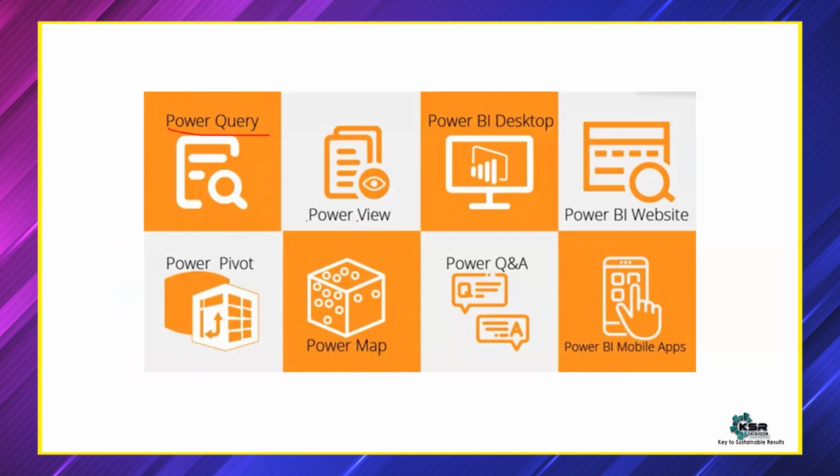Power Query is there, Power View is there. Now Power BI Desktop is a combination of all this. Power BI Website is there, Power Q&A is there, Power BI Mobile Apps is there, Power Pivot is there, and Power Map is there. 1, 2, 3, 4, 5. These 5 combinations club together to form a Power BI Desktop.